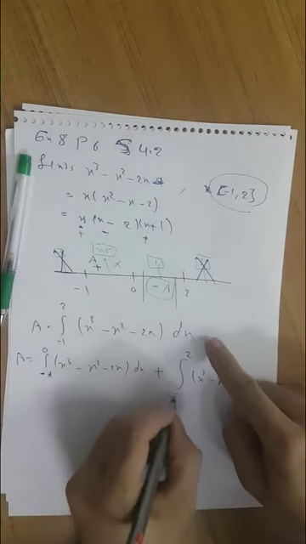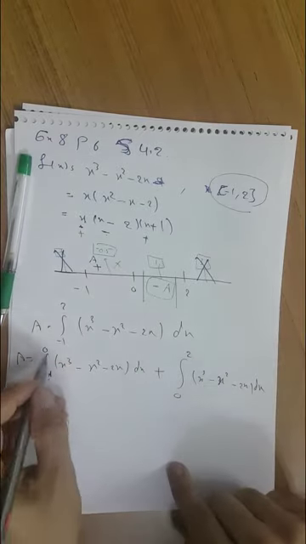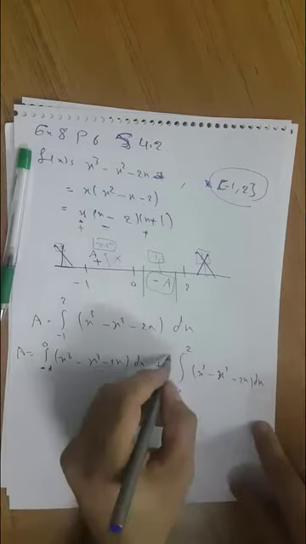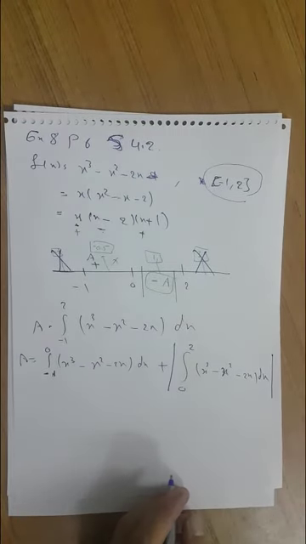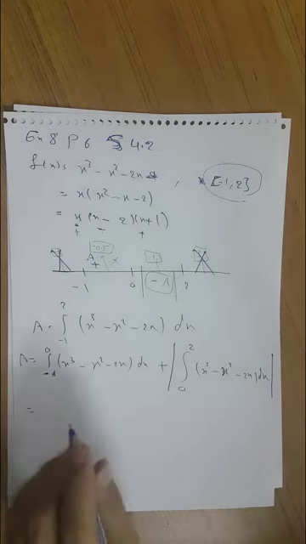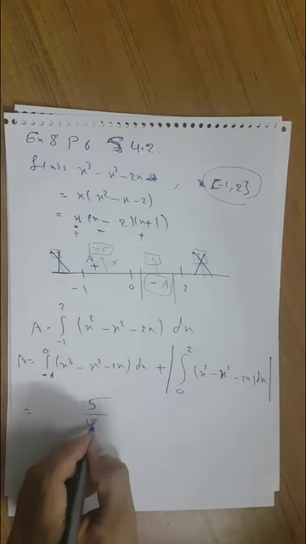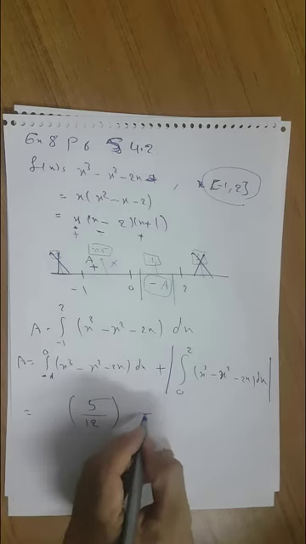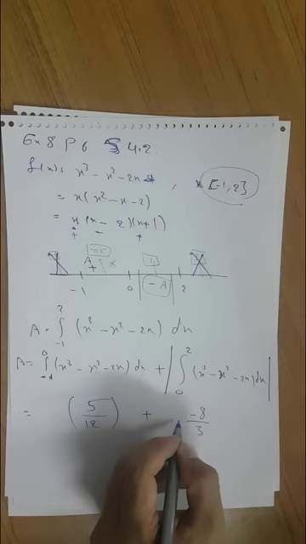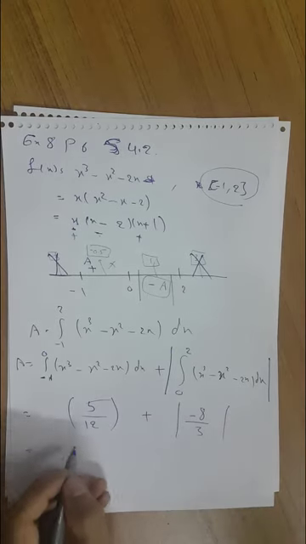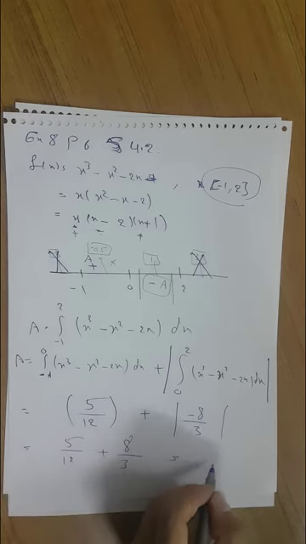Do not forget about 0: our intervals are -1 to 0, and 0 to 2. Okay, and this one we know is the negative part. We should take the absolute value. So the result of this part you can do, and the result of this part will be -8/3.